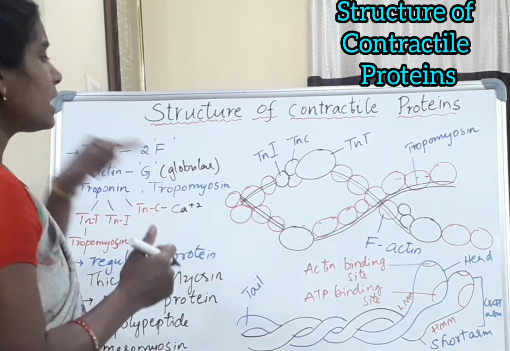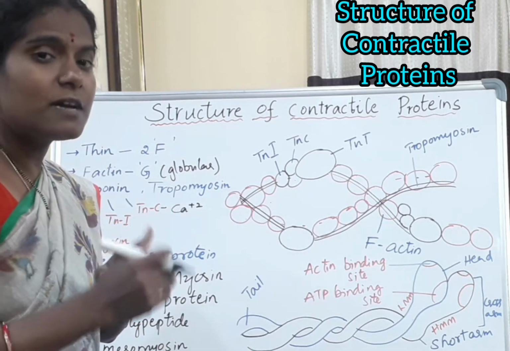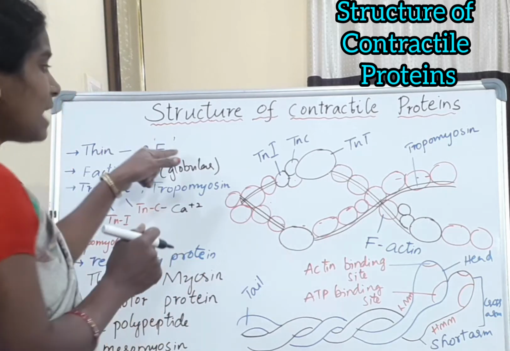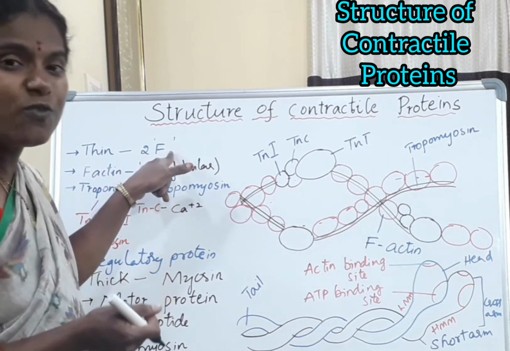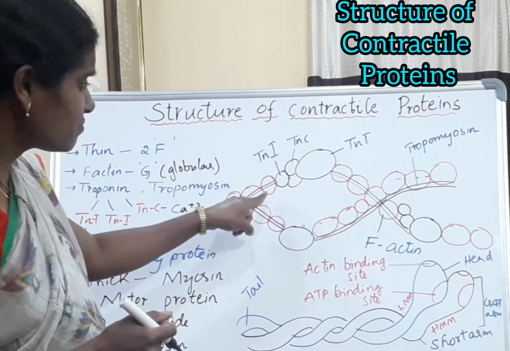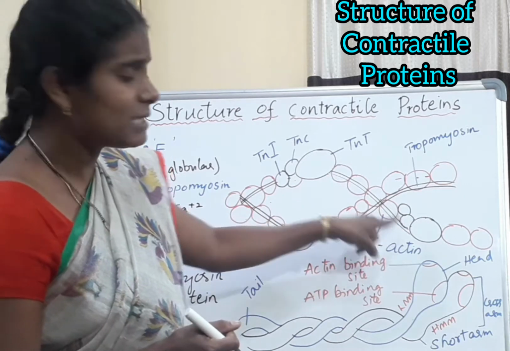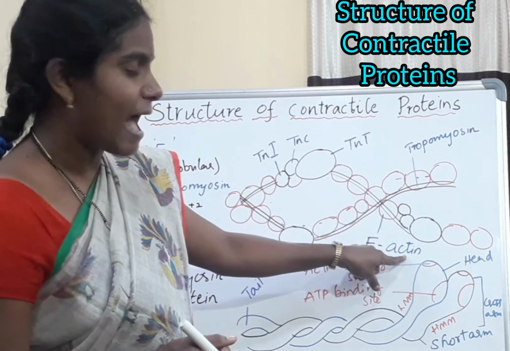If we go ahead with the actin or thin filament, the actin filament consists of two F actins. F indicates filamentous. These red colored structures are called F actin.